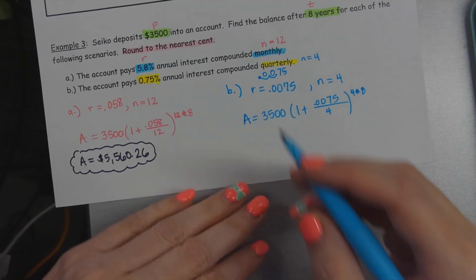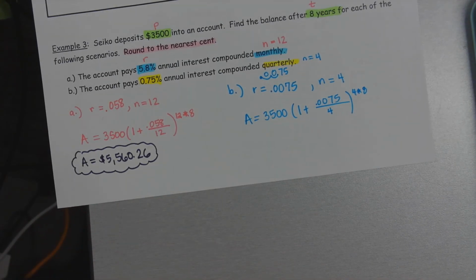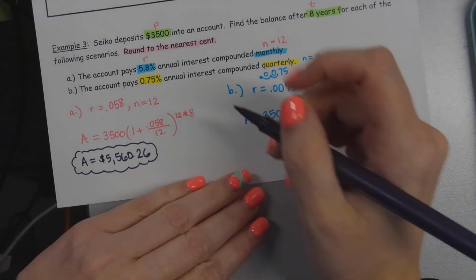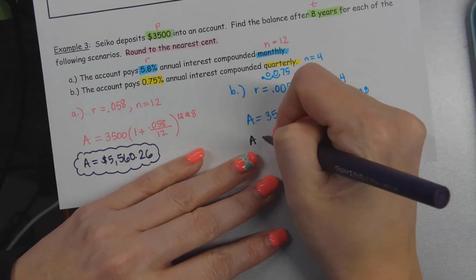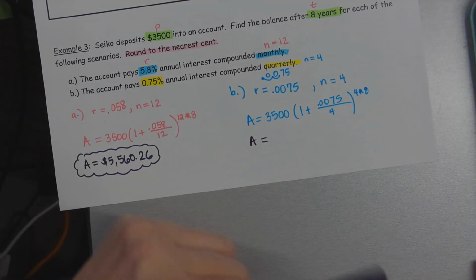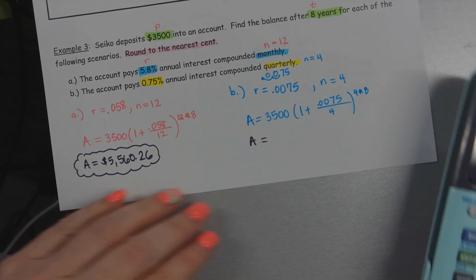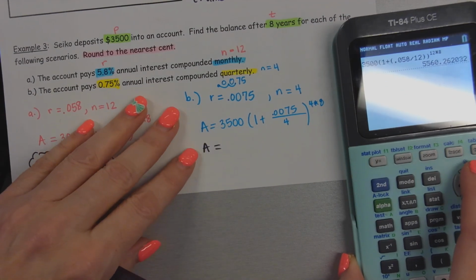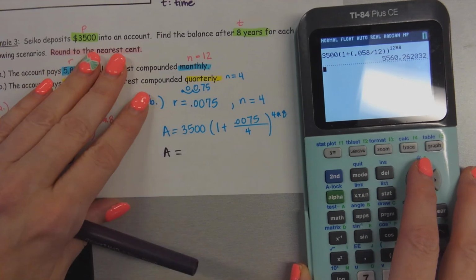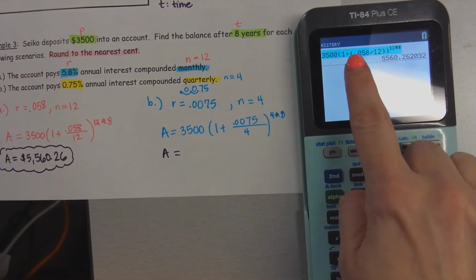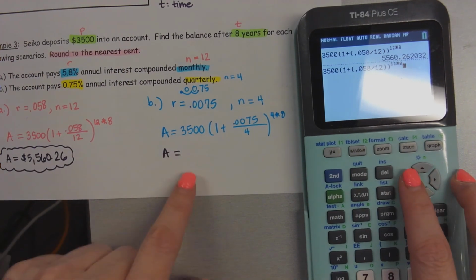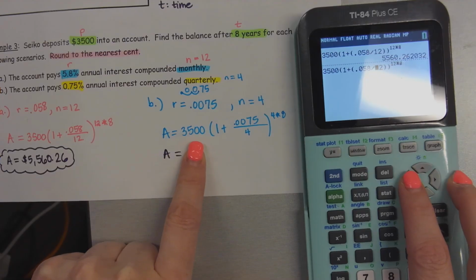All right, then let's round that to the nearest cent. I'll give you a moment to do that, and we'll see how we do. Actually, I'll show you something cool, which you might already know. On some calculators, if you highlight this and press enter, it'll bring back this value again.